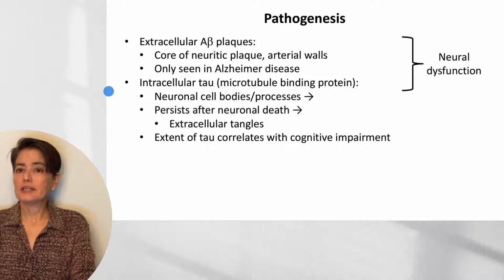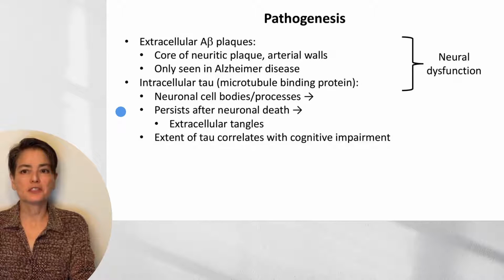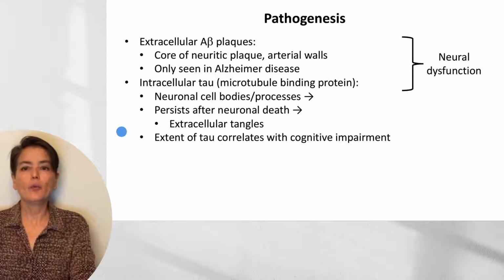The other lesion is intracellular tau, which accumulates in neuronal cell bodies and processes and can, through unknown mechanisms, cause damage. And if that neuron dies, this tangle of fibrils will persist after death, leading to extracellular tangles. So while it begins intracellularly, we can also see it in the extracellular space.